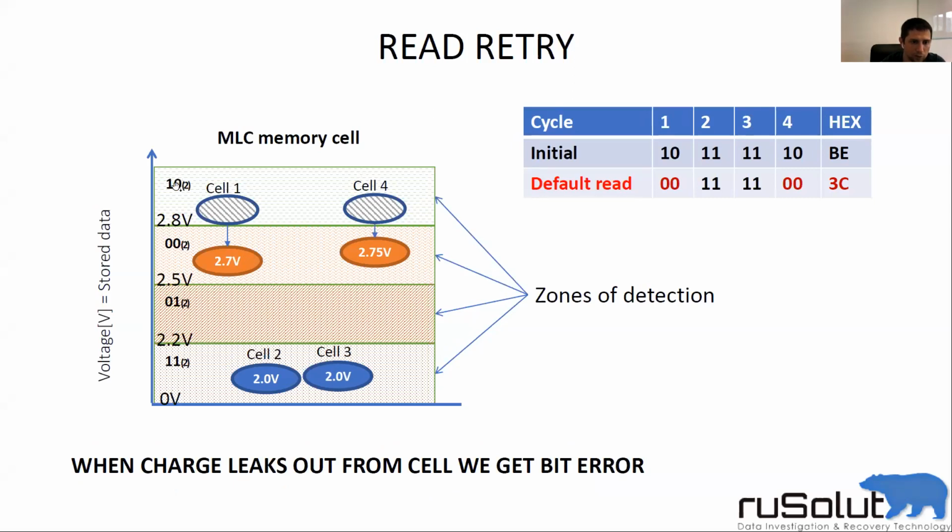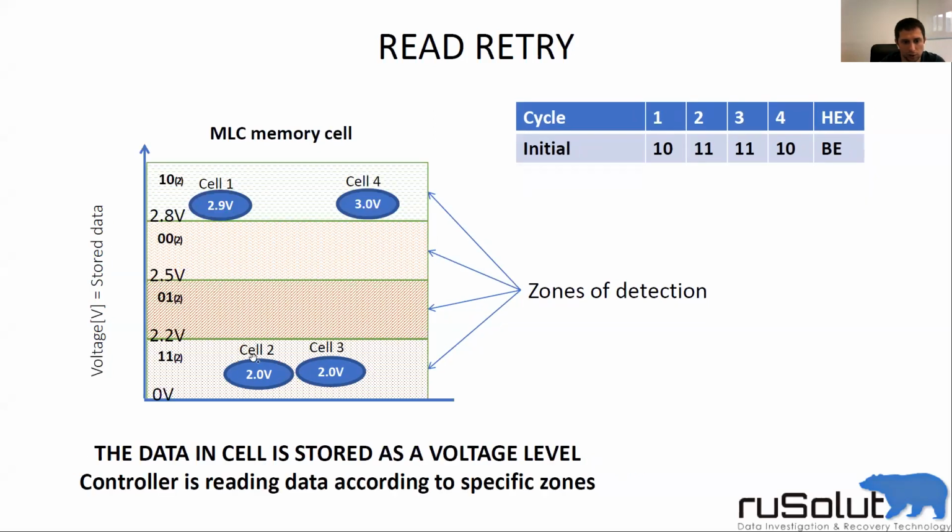And if it was 0 1 before, now it's 0 0. Originally the data was BE, so have a look: the first cell has 1 0, then 1 1, 1 1, 1 0.